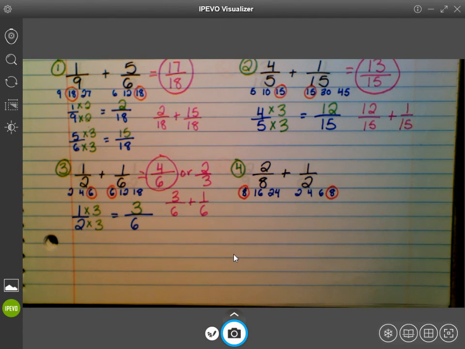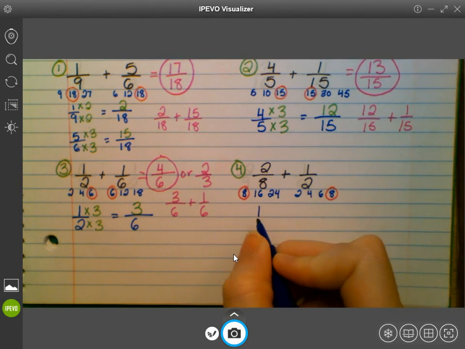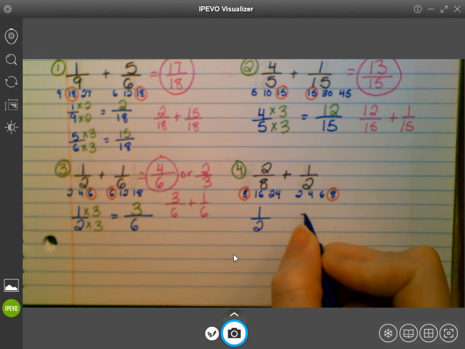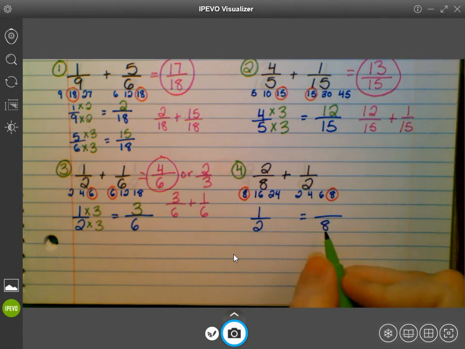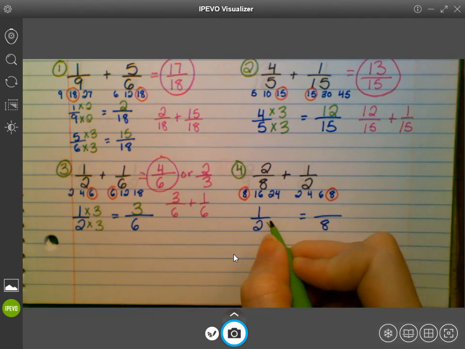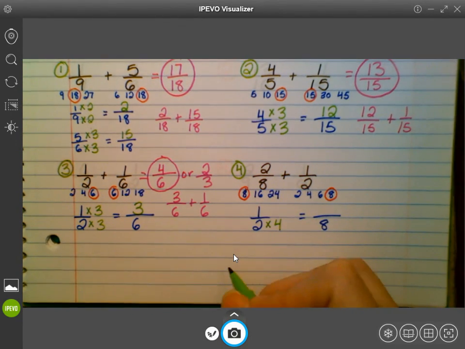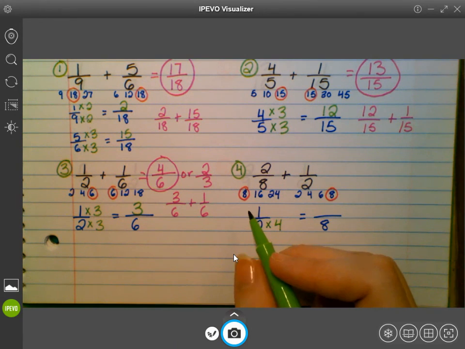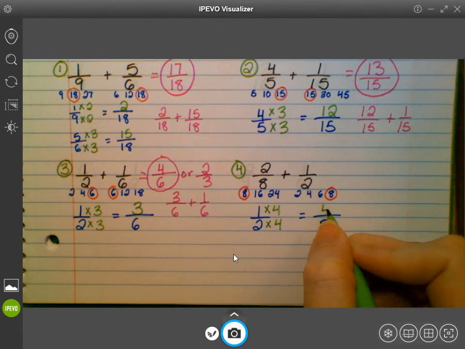Yes, 2/8. So we don't need to convert that one. We just need to convert 1/2. So 1/2 equals something over 8. I ask myself, 2 times what equals 8? 2 times 4 equals 8. Whatever I do to the denominator, I have to what, 5th grade? Yeah, do to the numerator. 1 times 4 is 4.